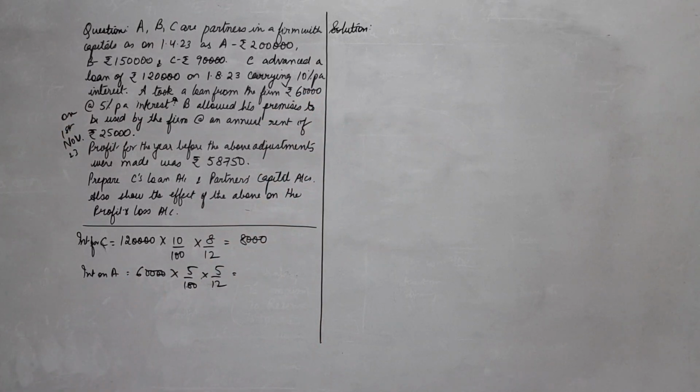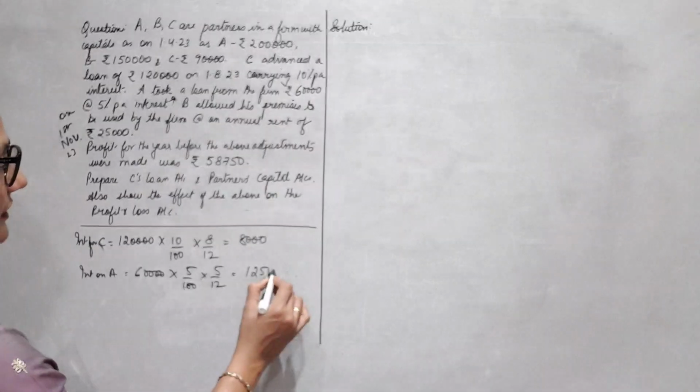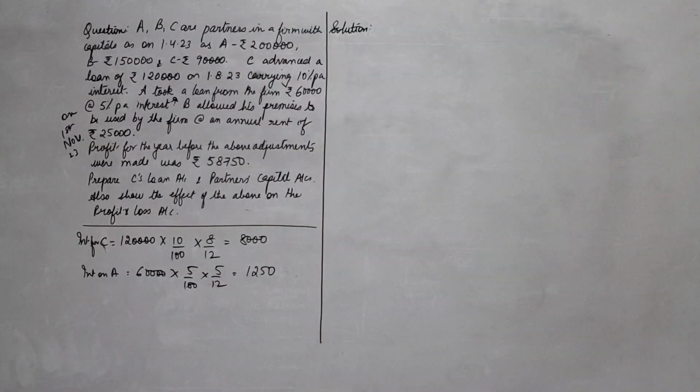This is 60,000. Please make that correction. 60,000, and therefore this comes to 1250. Please check that. 1250 is the interest on A's loan basically.